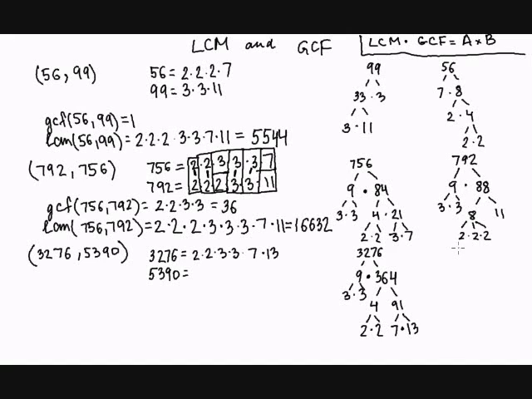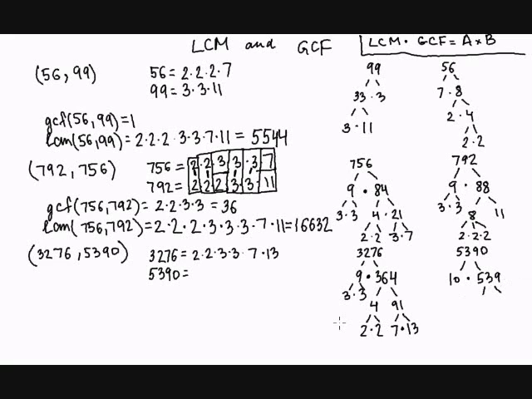So let's do the 5390. Right away we see it's a multiple of 10. So now we have 539. 539 is not divisible by 2, it's not divisible by 3, it's not divisible by 5, it could be divisible by 7.